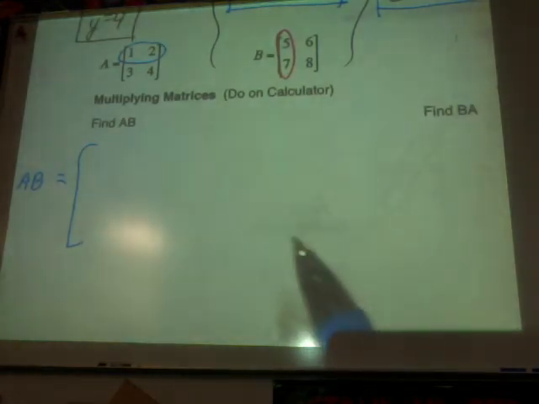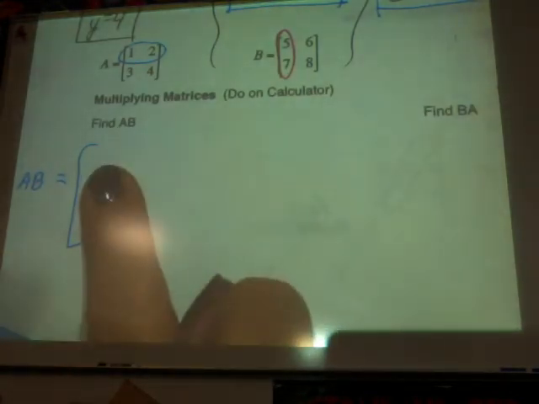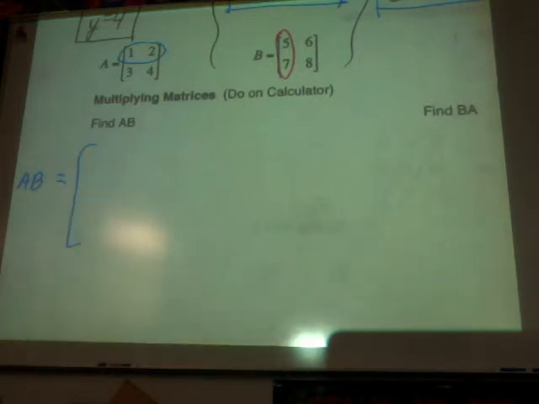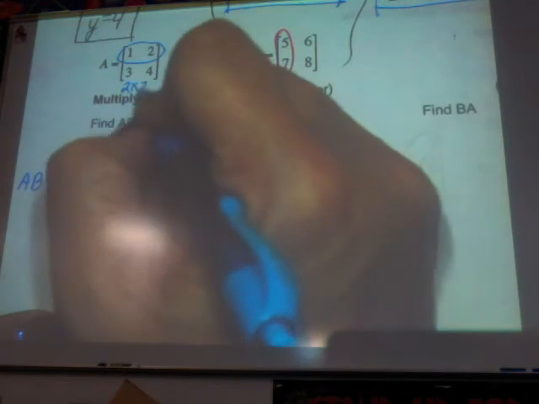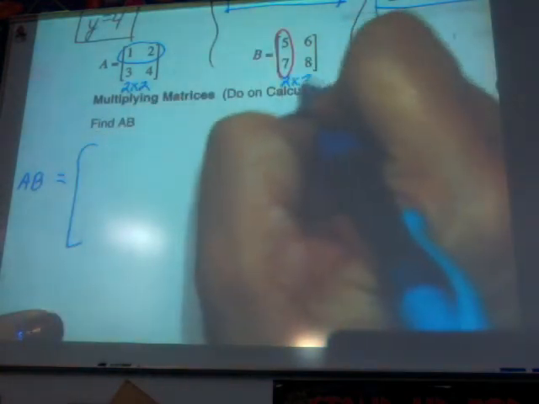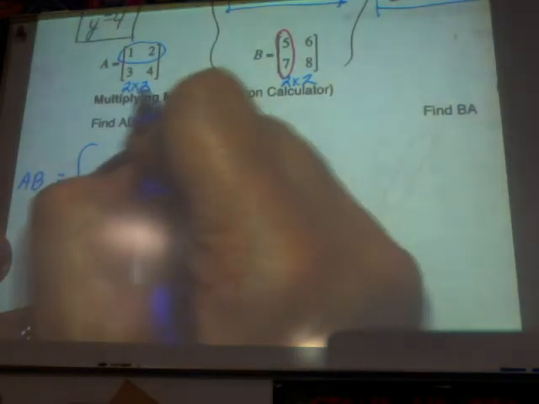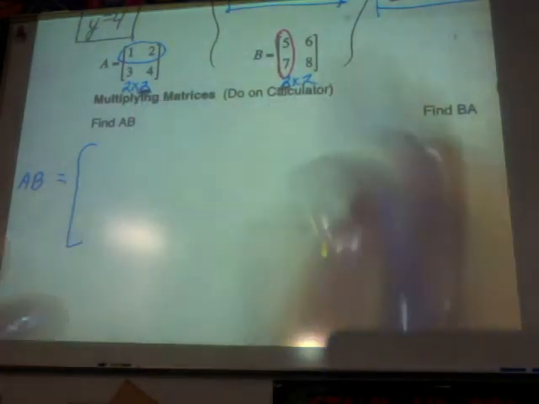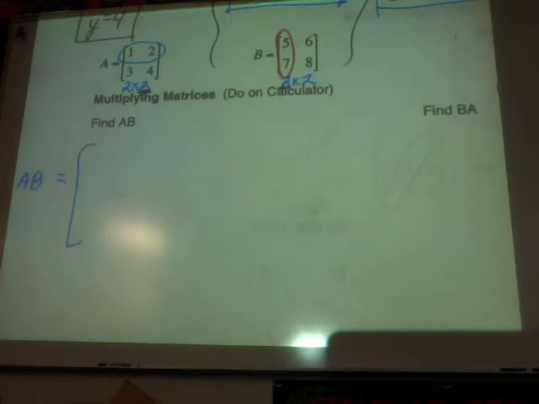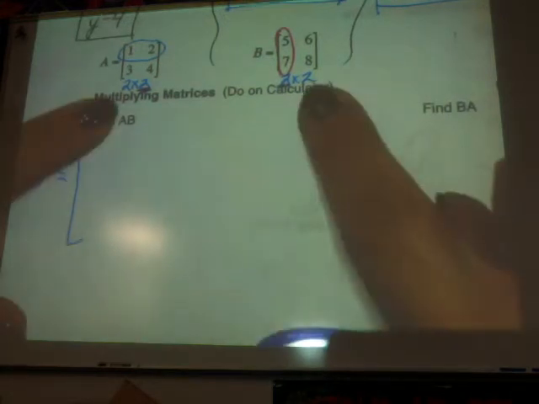So in element 1, 1, I've got to use row 1 and column 1. Does that make sense? Element 1, 1, I'm going to use row 1 and column 1. And because this is a 2 by 2, and this is a 2 by 2, the inner two numbers in the order must be the same. These outer two numbers can be different.